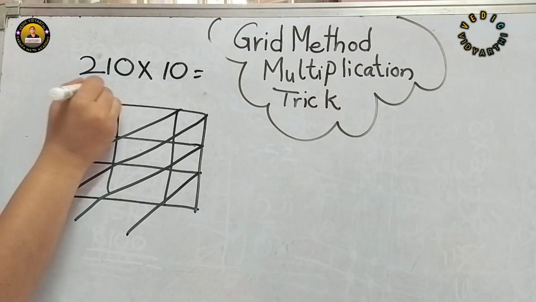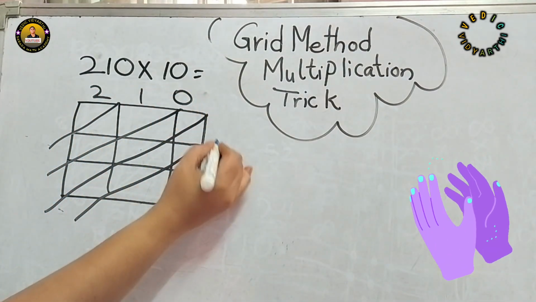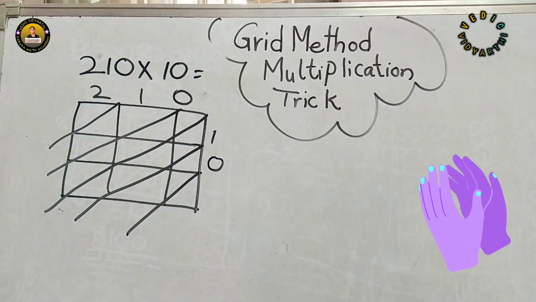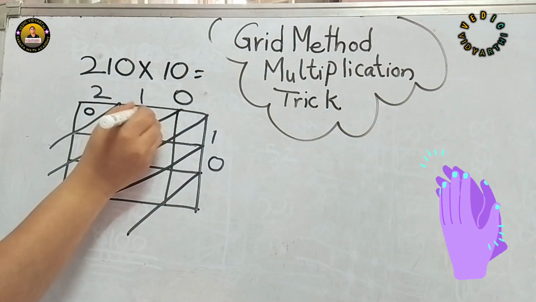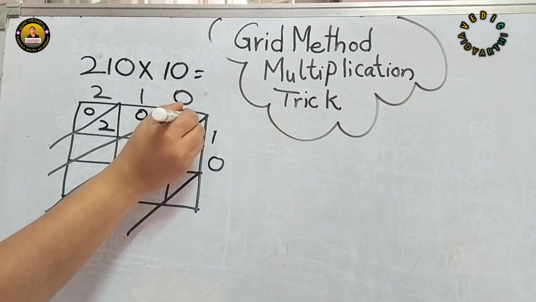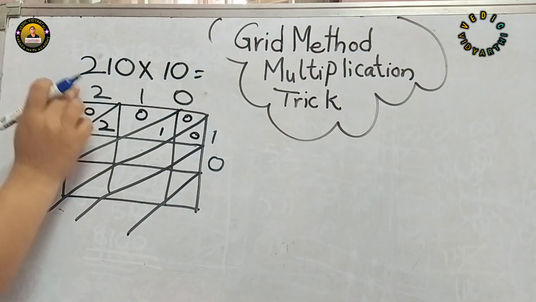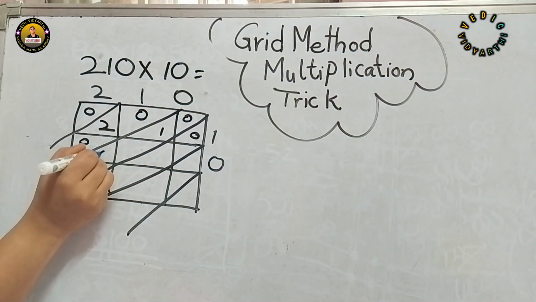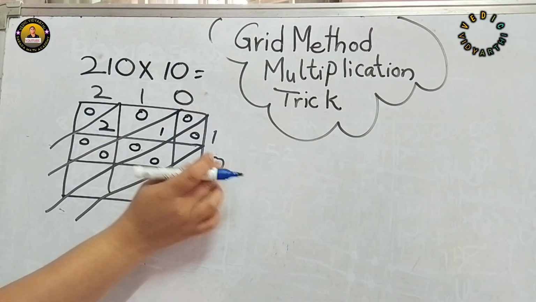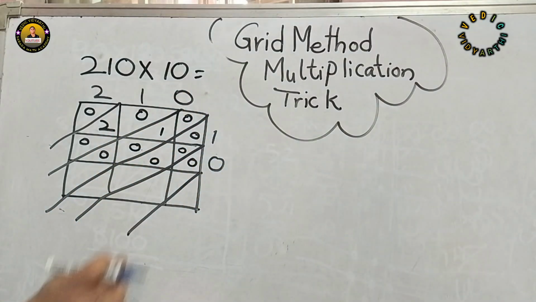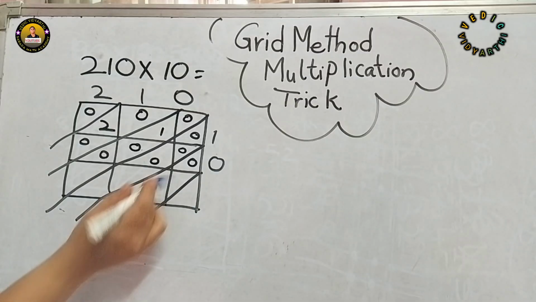Multiplicand on the top and multiplier on the side. 1 times 1, 1. 0 times 1, 0. 2 times 0, 0. 1 times 0, 0. 0 times 0, 0. So 0 here.